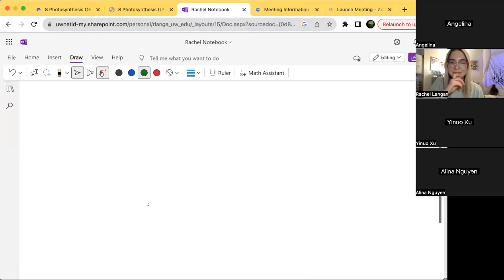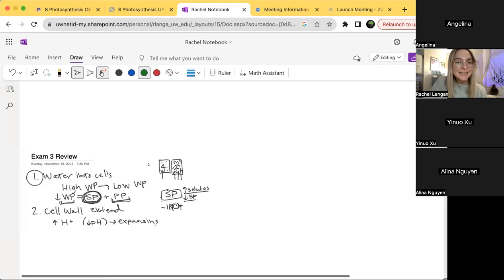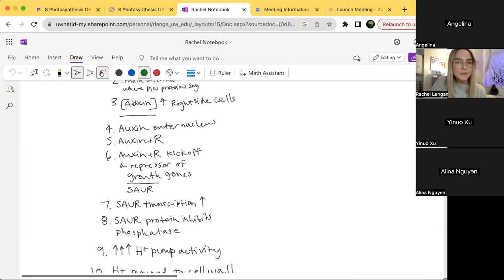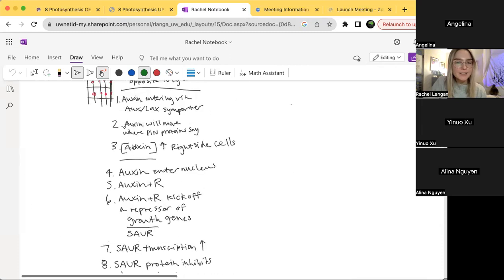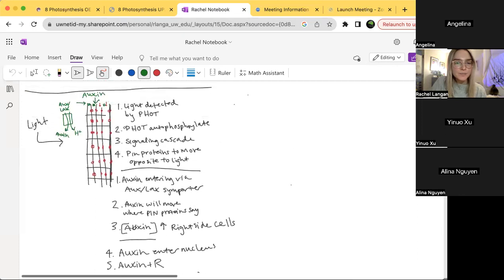Yeah, that one. I wanted to clarify what the red dots were. I didn't know if they were the phototropin or the PIN proteins. PIN proteins.